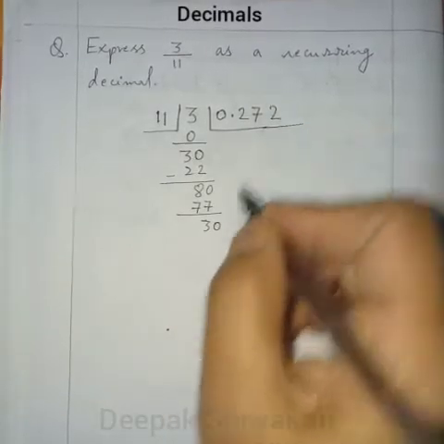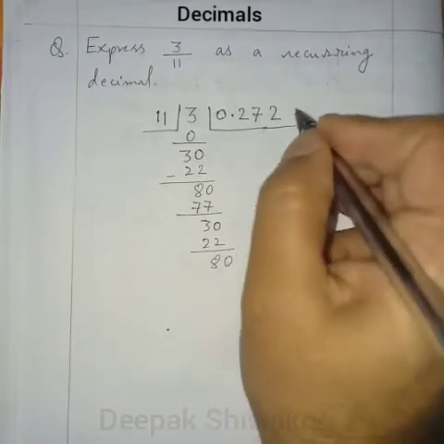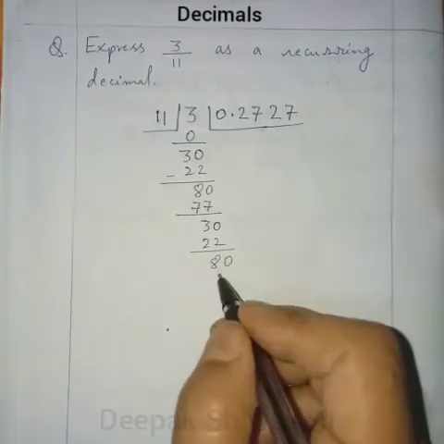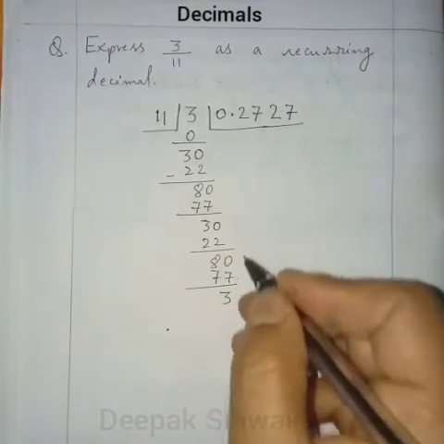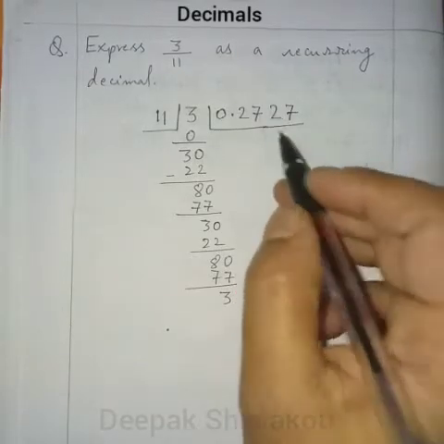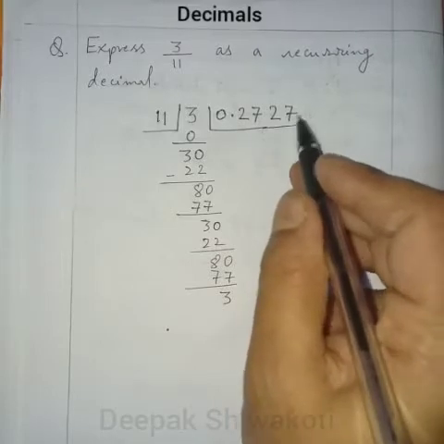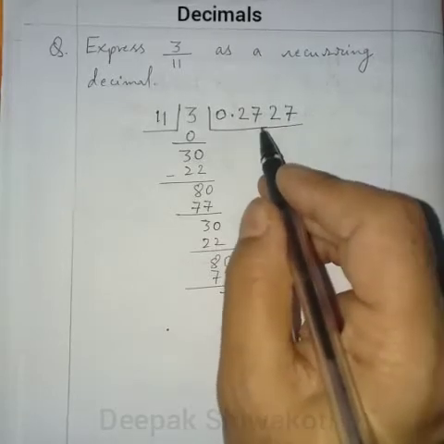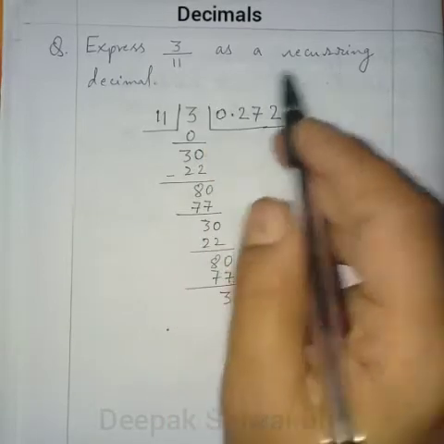So 2 times 22, here 8, again 0 here, 7 times 77, subtraction we get 3. So this division will keep on going, it is never ending. Here these two numbers are appearing again and again, one after another.